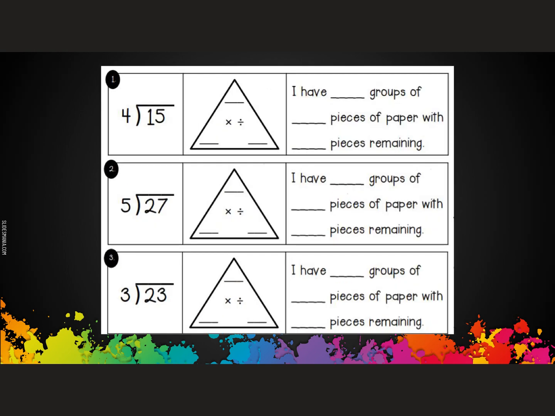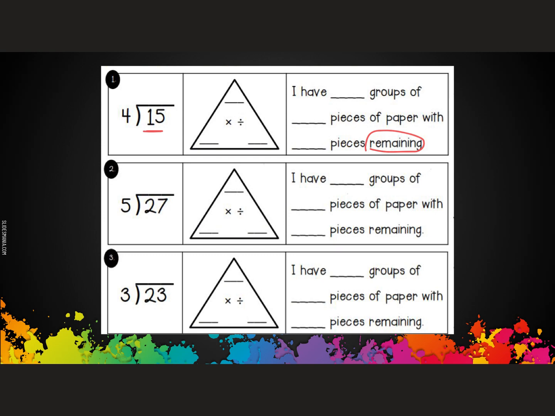All right, fourth graders, we're almost finished, but we do need to talk about fact families that have parts left over. When we divide, we're not always going to get perfect fact families. We might get some leftover pieces. So let's think. I know that 4 times 3 is 12, and 4 times 5 is 20, and 15 is between that.